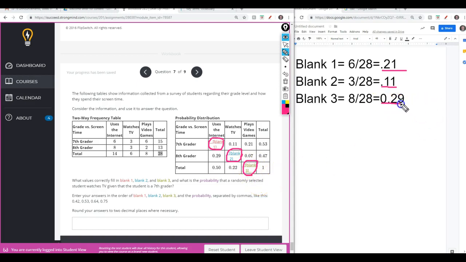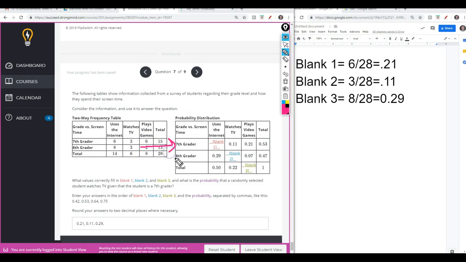So when we answer this, we're going to answer 0.21, comma, space, 0.11, comma, space, 0.29, comma, space, and now it says the probability that a randomly selected student watches TV given that the student is a 7th grader.